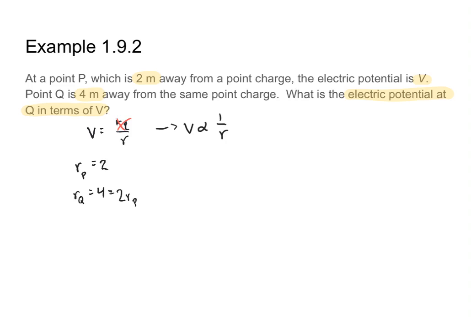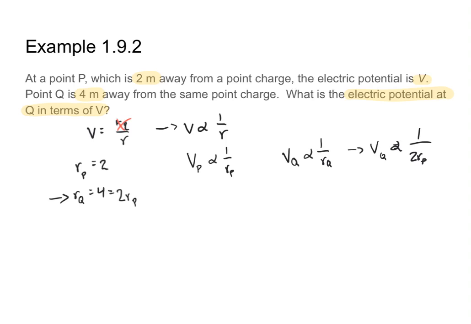So I'm going to do that same thing. I'm going to say that V at P is proportional to 1 over r at P, and V at Q is proportional to 1 over r at Q, which I can rewrite as V at Q is proportional to 1 over 2 times r at P from my earlier work.